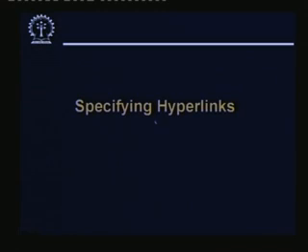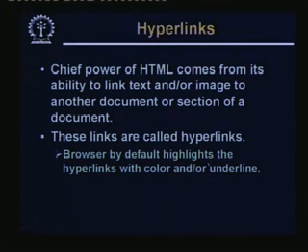As you know, in HTML one of the very important features is to specify hyperlinks, because HTML is a language in which you can provide links from one document to other resources. It can be another document, another image, some other file like PDF, PostScript, anything. Okay. So, the way we can provide this kind of links is very important, and these kind of links are called hyperlinks.